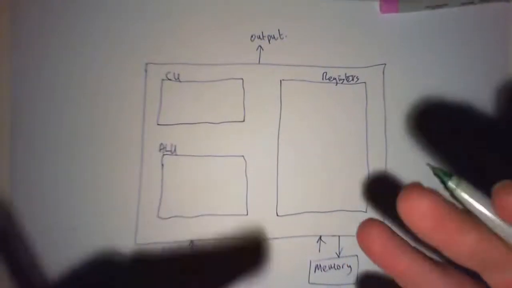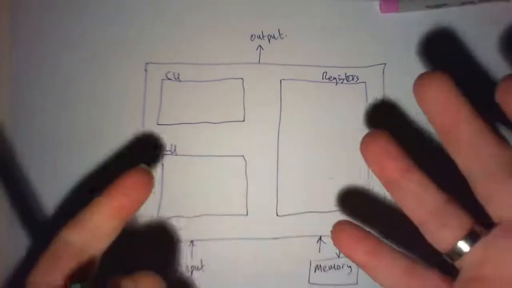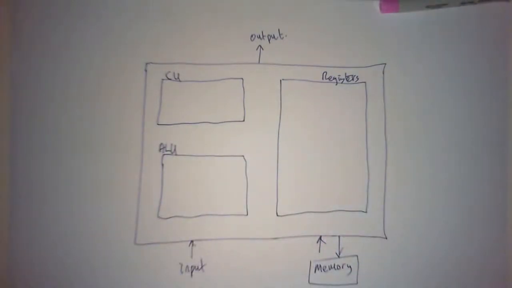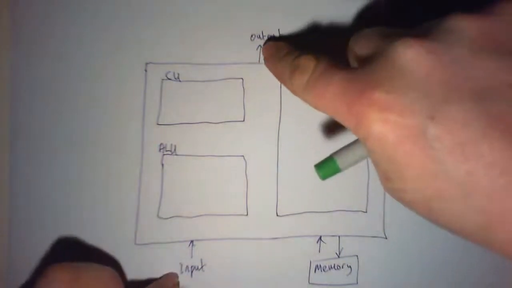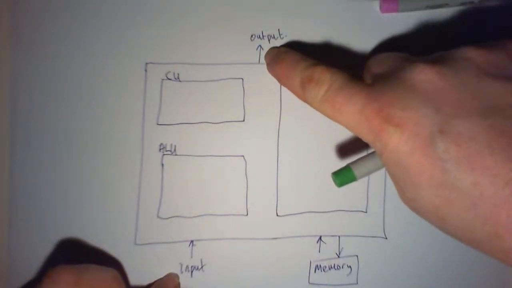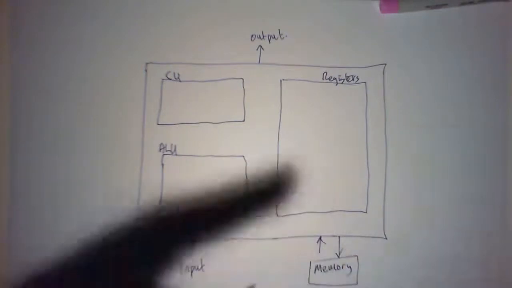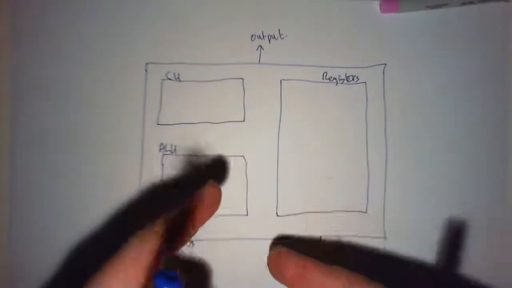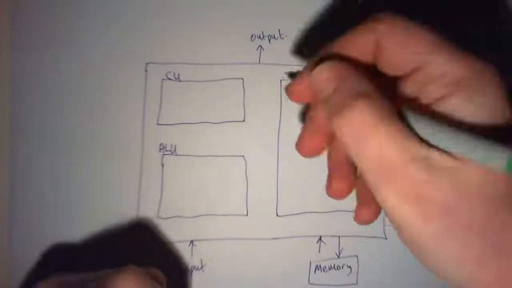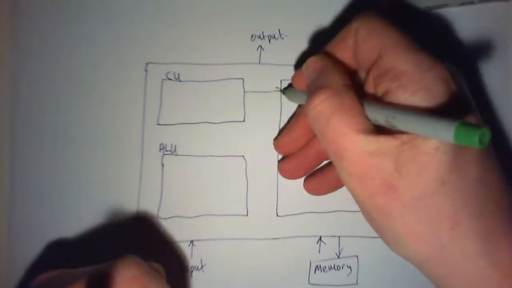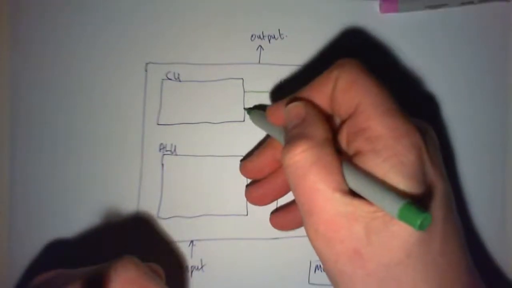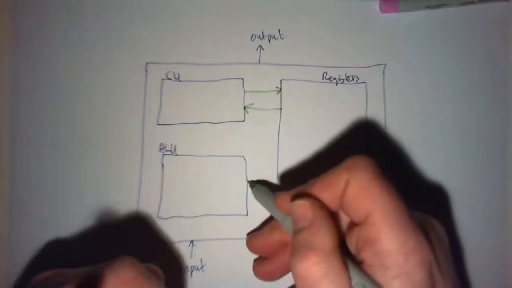When I was learning this off, first of all, I learned which way the arrows go. So I straight away know that an output arrow has to leave, an input arrow has to go in, and the memory goes both ways. And then within the CPU, how do the arrows work? Well, the arrows work both ways. That's important.